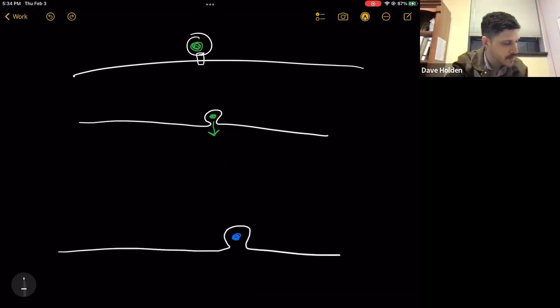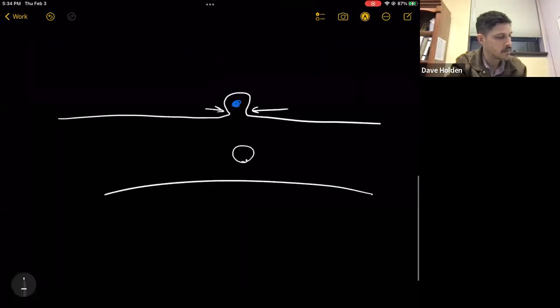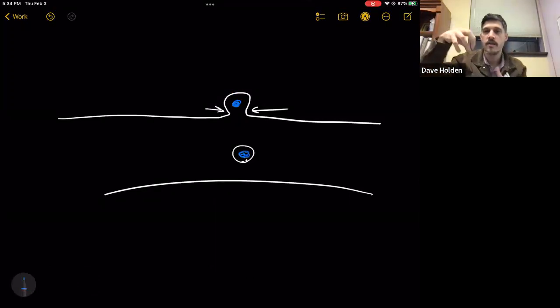So you end up with something that looks like that. And then at the bottom, those little pieces will just pinch off. Just like those oil blobs, once they pinch off, you now have two separate pieces, and the little guy is contained in a vesicle.